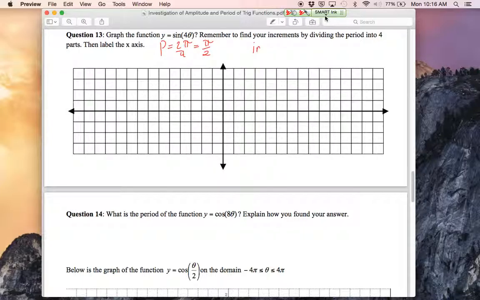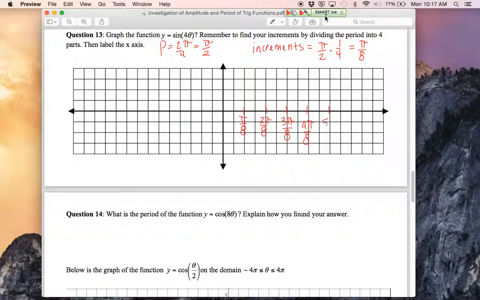Now my increments I get by taking my period, which is pi over 2, and dividing it into 4 parts. Well, dividing by 4 is the same thing as multiplying by 1/4. So I know my increments are pi over 8. So I'm going to go pi over 8, 2 pi over 8, 3 pi over 8, 4 pi over 8.